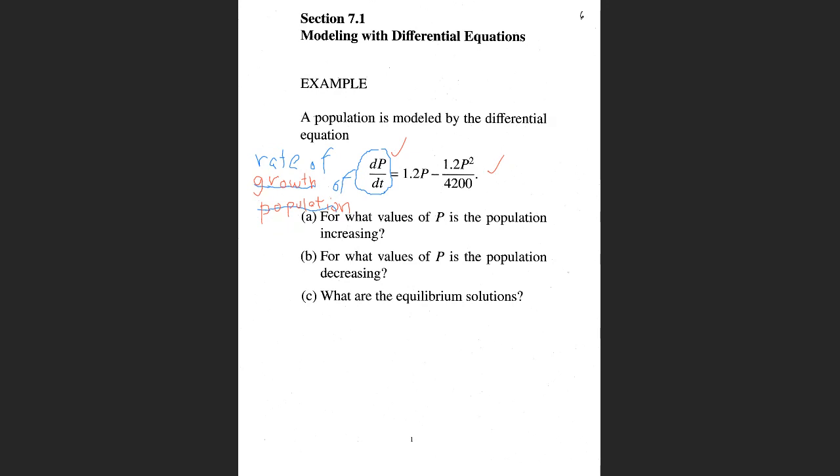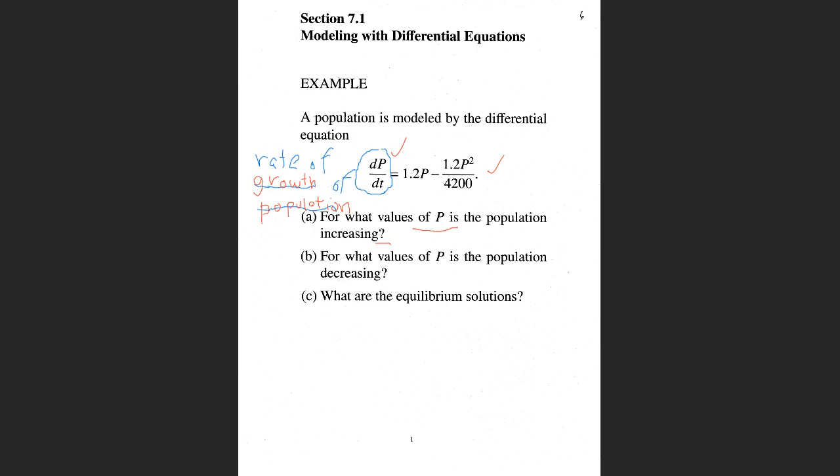So first thing is, for what values of p is the population increasing? Well, under what circumstances would a population be increasing?